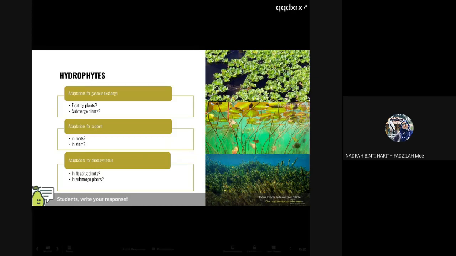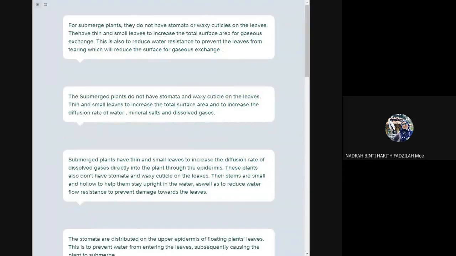Yeah, so this I will also put here sample answer for submerged plants tadi daripada Adriana. Ini sample sajalah. If I mention before that the statement is also correct, so no problem ya. Tak semestinya mesti sama sebiji macam Adriana tulis. Alright, can you do for adaptation for support pula?